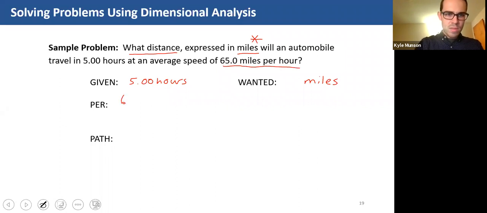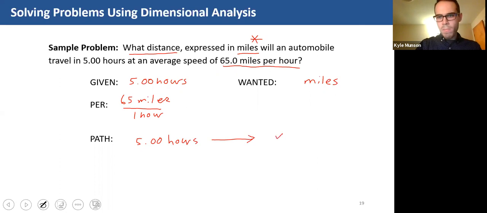So let's write that down, 65 miles per 1 hour. Okay. So our path is we want to go from 5.00 hours to miles. And we're going to do that using our conversion factor. So if we put this in an algebraic form, 65 miles, 1 hour.